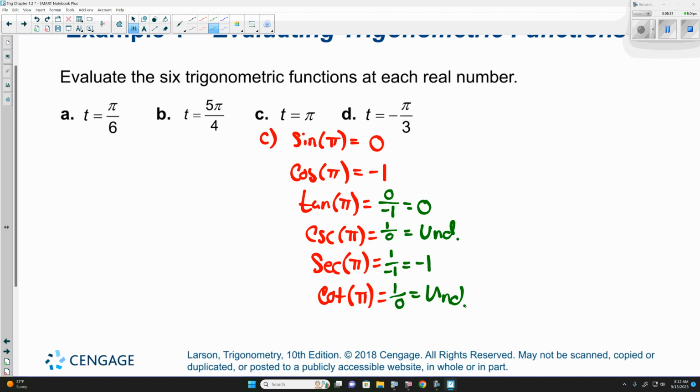Because if sine is 0, cosecant's undefined. If cosine's 0, then secant's undefined. If tangent's 0, then cotangent's undefined. Does that make sense?